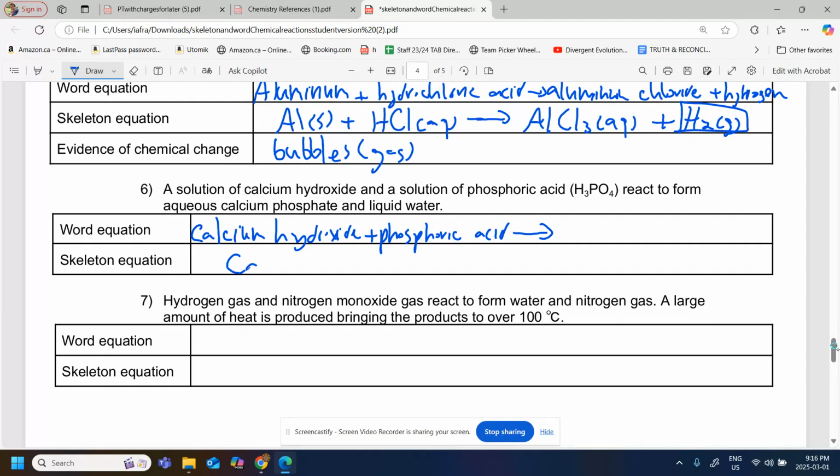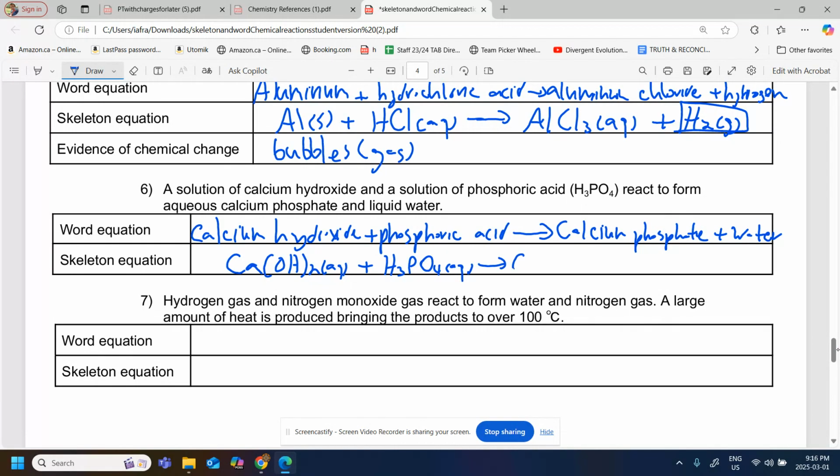Calcium hydroxide is a crisscross between calcium and hydroxide, which is Ca(OH)2. And it says that we're aqueous because it's a solution. The acid formula was given to you because you hadn't learned to name acids yet, but once you do, it won't be given anymore. You'll notice that it's still a solution, so I'm putting aqueous as well. And it's going to produce some calcium phosphate, a solution of it, plus some water.